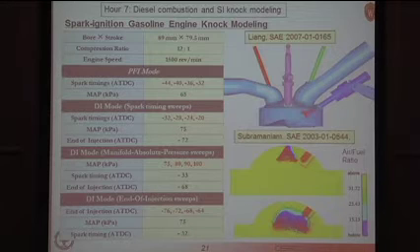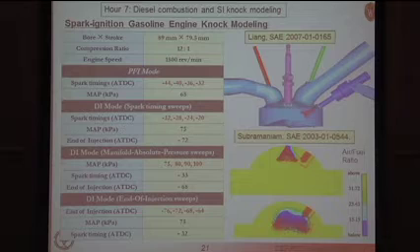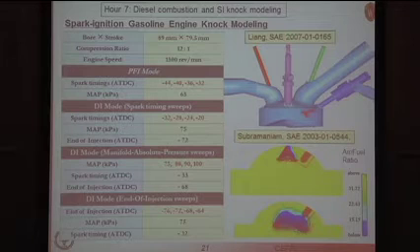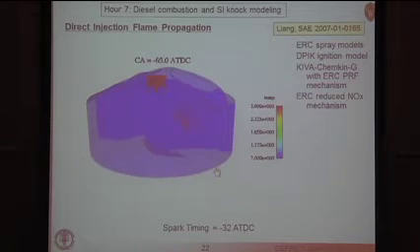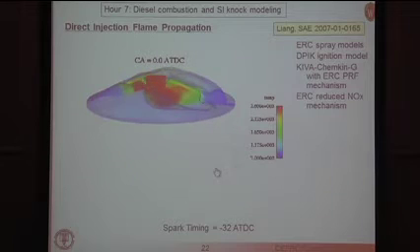And what I'm going to show you is just a few results from that engine that we discussed with the PFI last time. Now we're going to look at the direct injection case and see if we can understand some of the combustion. So here's a little picture showing the combustion domain. We have fuel injection, ignition.